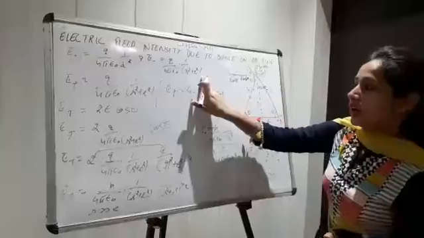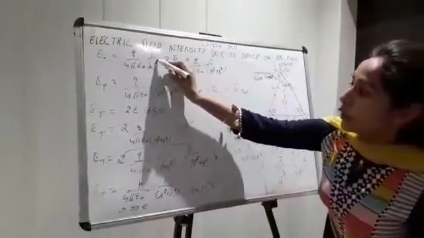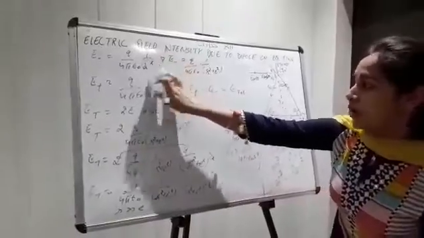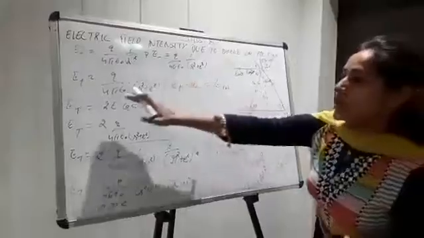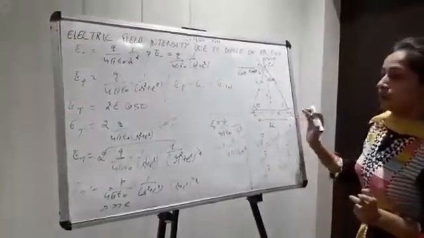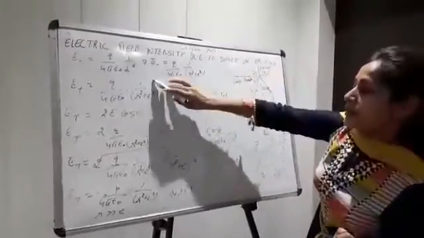So we put here 1 upon R square plus L square, because we are putting the value of the square of the distance, not only the distance. Same for the positive electric field: q upon 4 pi epsilon naught, and the same R square plus L square.